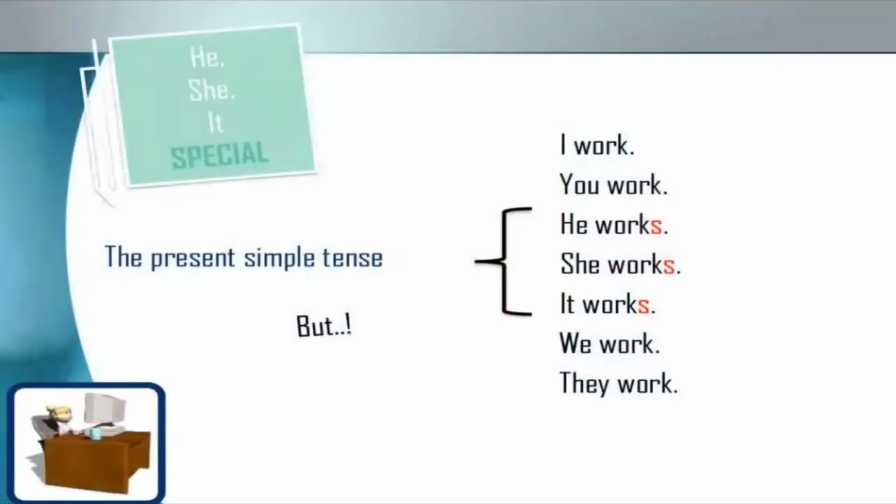Now he, she, it is special in a sense that it is singular, and whenever you add a verb with it, it is going to have s or es added to it. So the present simple tense is I work, you work, we work, they work. But if we talk about he, she, it, there is going to be an addition of s or es.